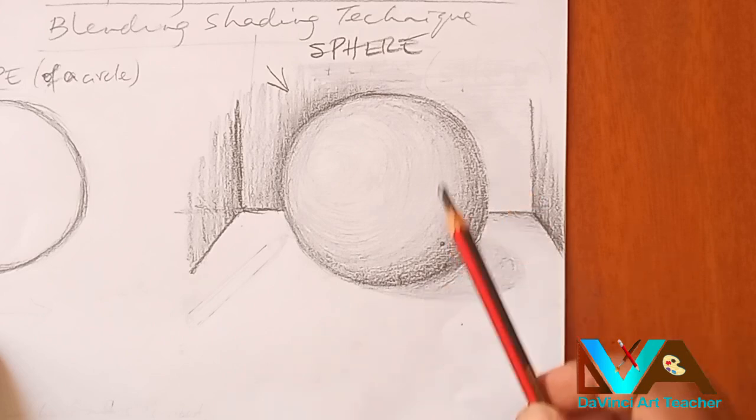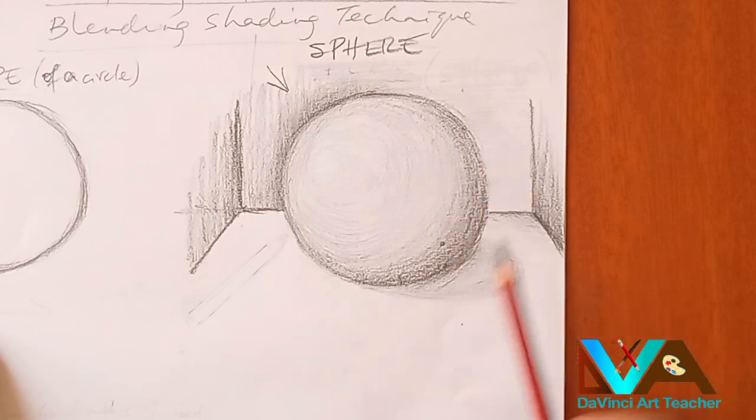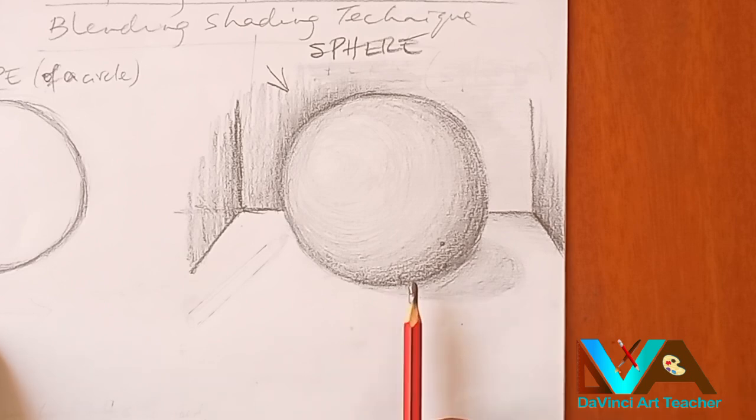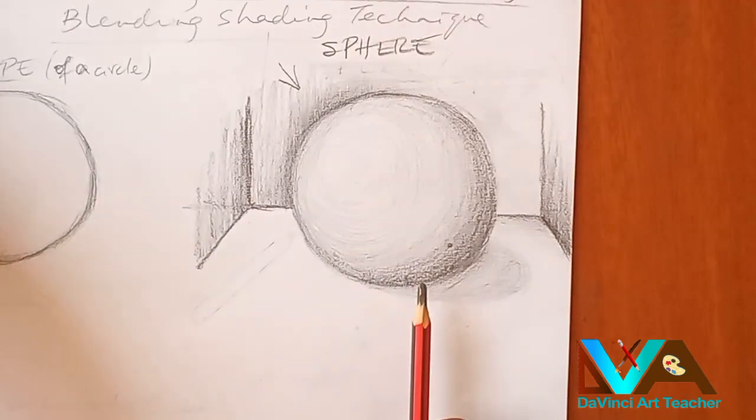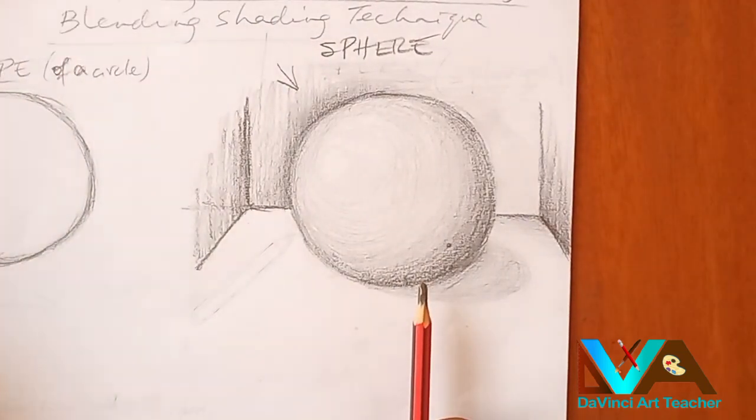But this is what is called three-dimensional effect. It's an effect. It is not a reality. You cannot walk around this sphere the way you can walk around a ball. No. This is called three-dimensional effect.